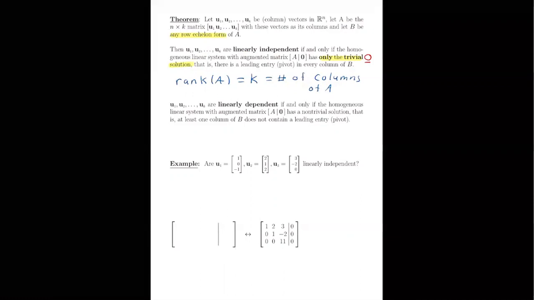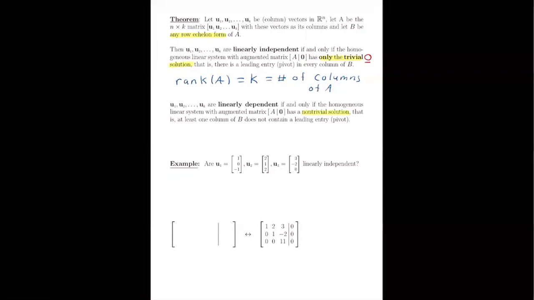And now, in terms of linearly dependent vectors, u1 up to uk are linearly dependent if and only if the homogeneous linear system with augmented matrix [A | 0] has a non-trivial solution. So this is what we were checking before to see if this has a non-trivial solution.